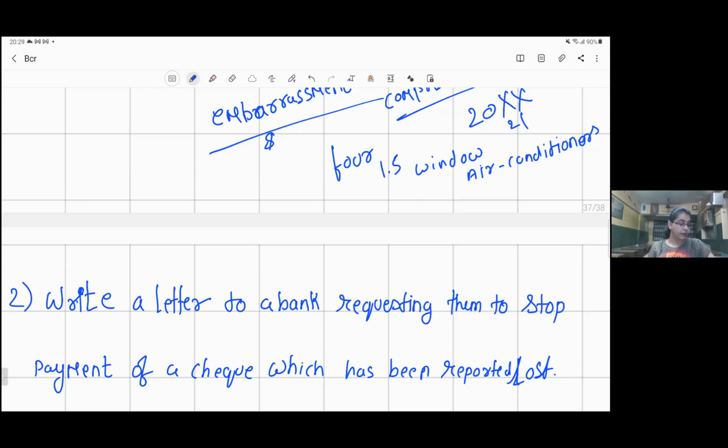Start writing this letter. Both the addresses you all are writing in block format only. Both the address, date, and receiver's address.